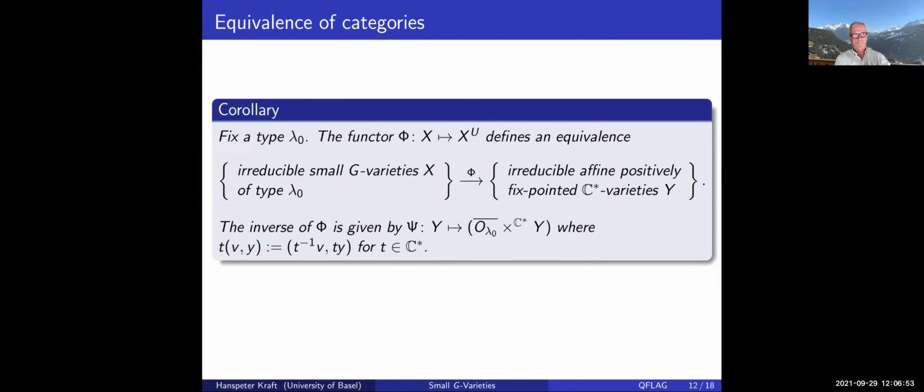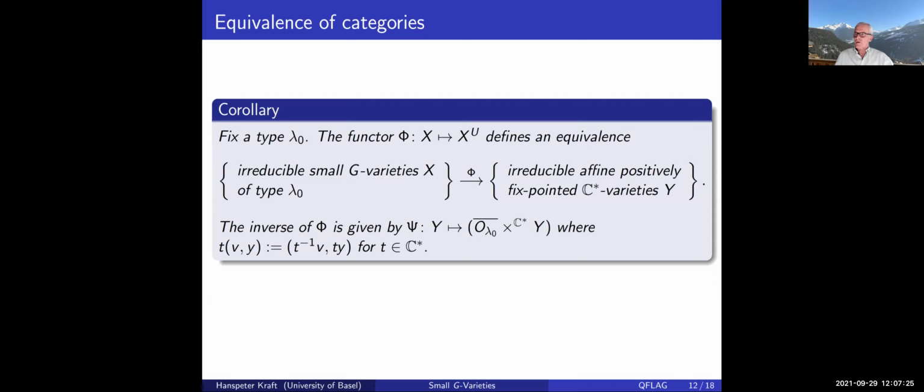Corollary, fix a type, call it lambda naught. Then the functor which sends X to the XU fixed points defines the equivalence of categories. On one side, the irreducible small G-varieties of type lambda naught, and on the other side, the irreducible affine positively fixed pointed C-star varieties.